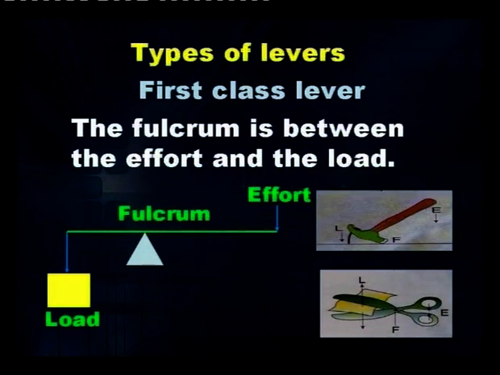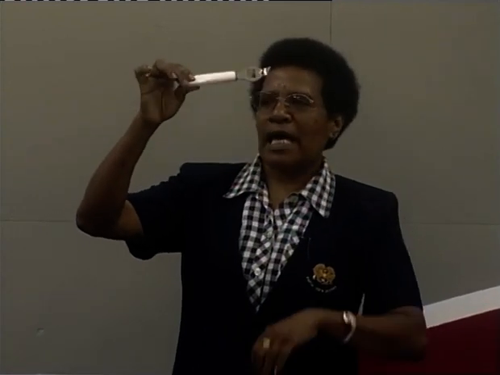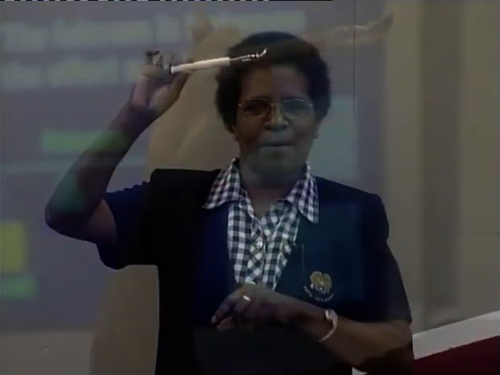The second class lever, an example I have is this bottle opener. The bottle opener belongs to the second class lever. Now in here, I have the force, the effort. This is where force is applied.